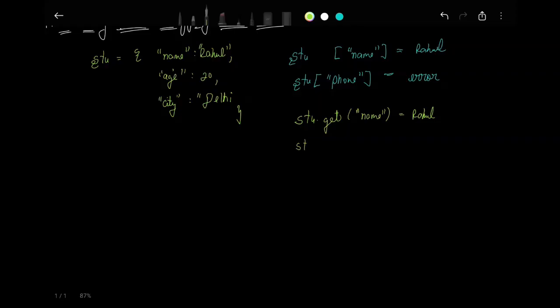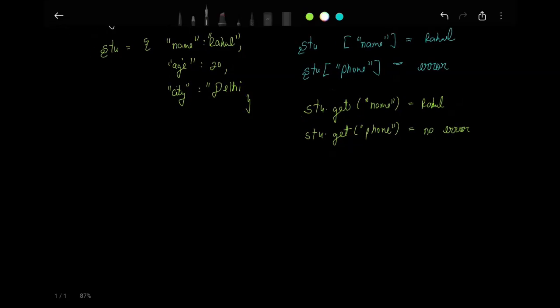But if I write a key which doesn't exist, in the case of the get method we get no error. This is the primary difference between using square brackets and the get method for accessing keys.